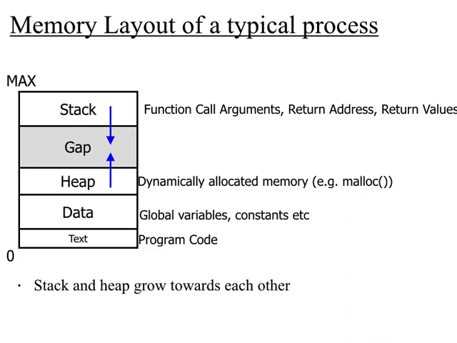A process thinks that it has memory from 0 to max bytes that it can access any way it wants. However, the operating system may be managing many processes, each of which has the ability to access the address space from 0 to max. So it becomes the job of the operating system to shuffle the virtual address space of each process on the physical memory.